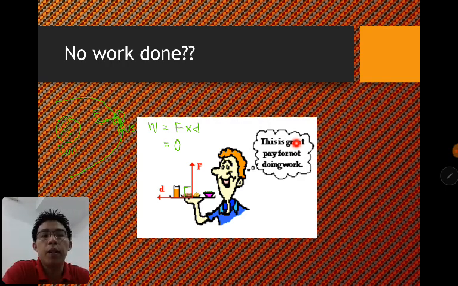Therefore this is a similar case to what I said just now: we can never resolve a force in a perpendicular direction, and therefore for rotational motion, for example the sun and the earth, there will not be any work done by the force.